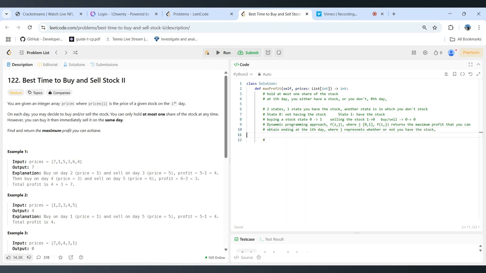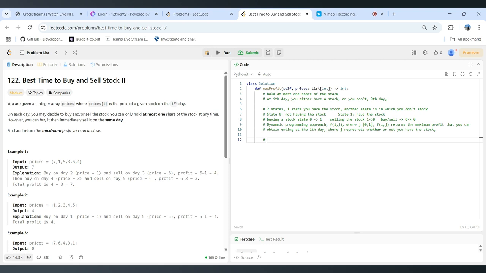And we can say that a dynamic programming approach works here because if you have some optimal price up to some certain day, then it is obvious that it must also depend on some previous optimal state.